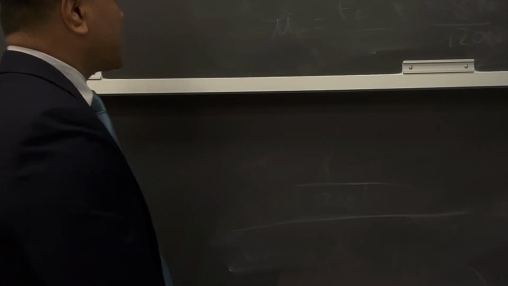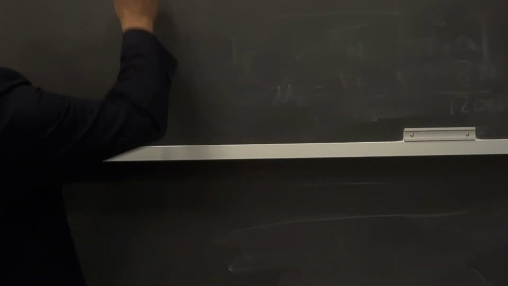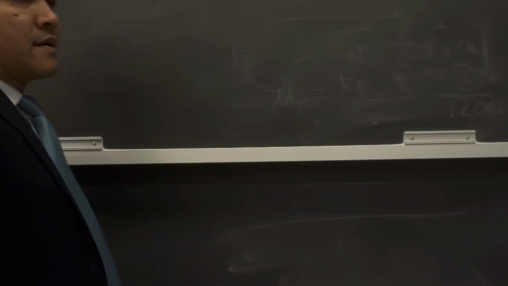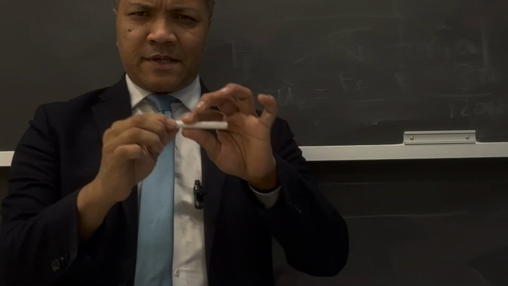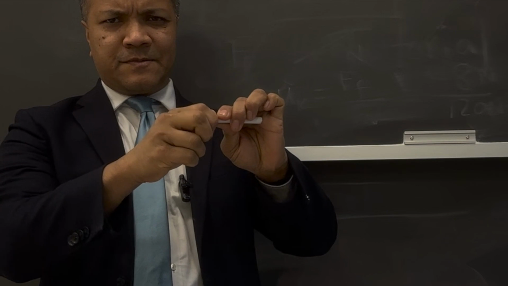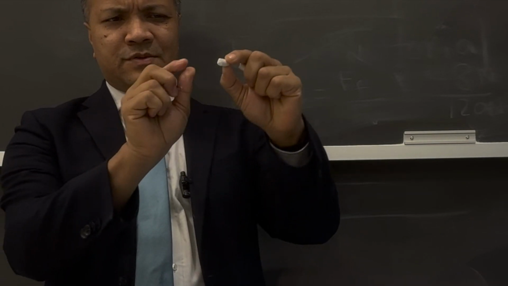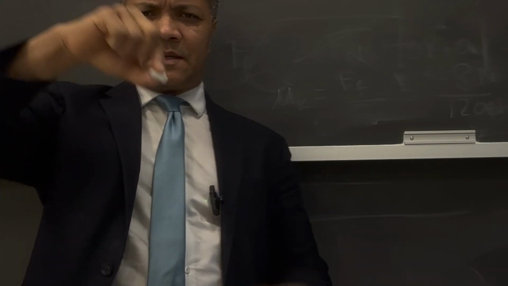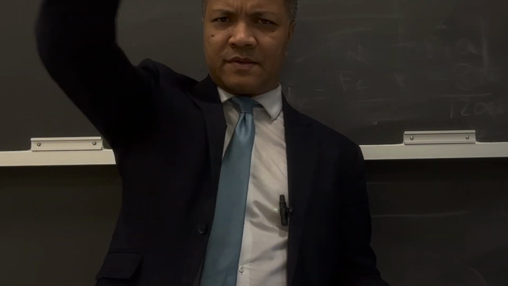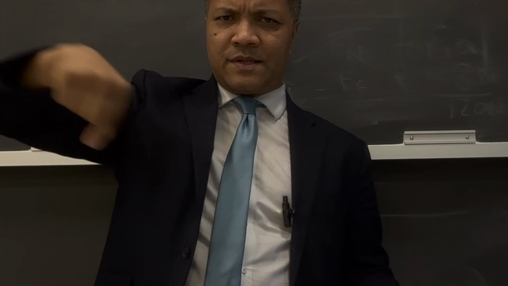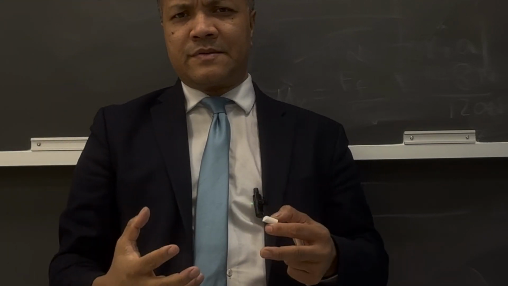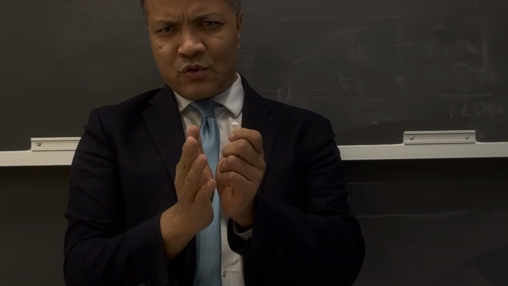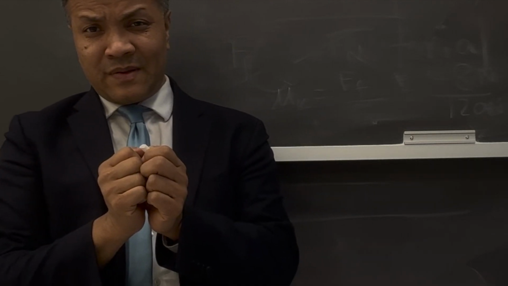Problem number 2 is pretty simple. Let's say you take a smaller piece of chalk like this, you attach it with a rope, and you rotate the rope like this. If you rotate the rope like this, it creates horizontal circular motion. Think about this.